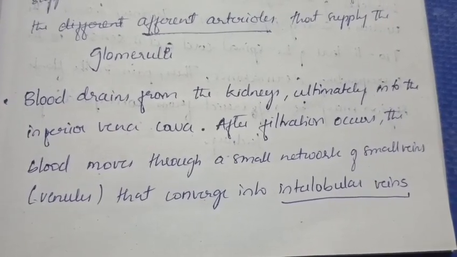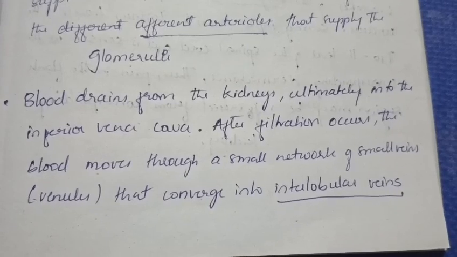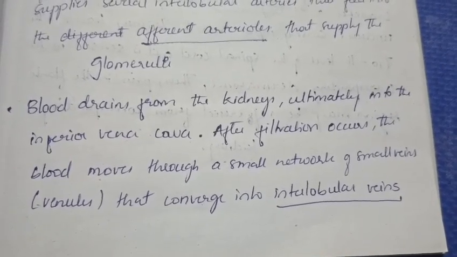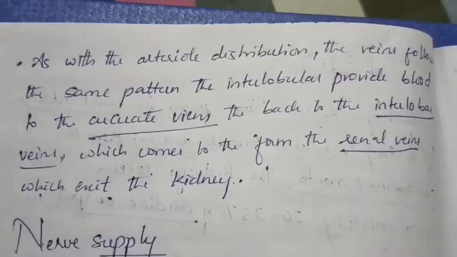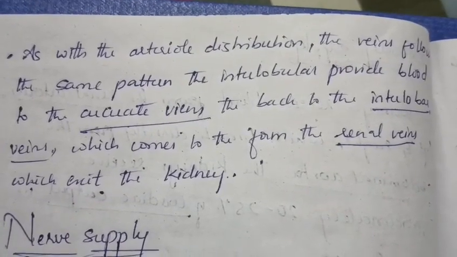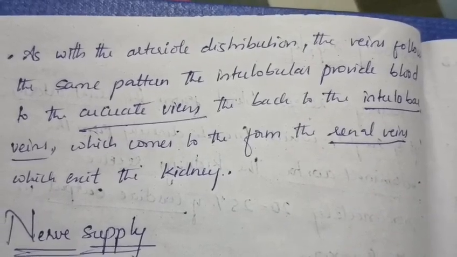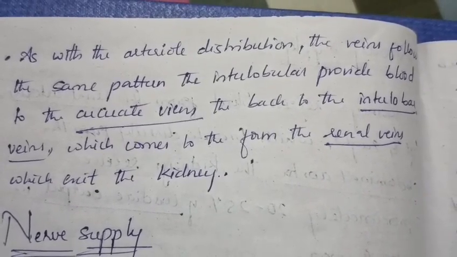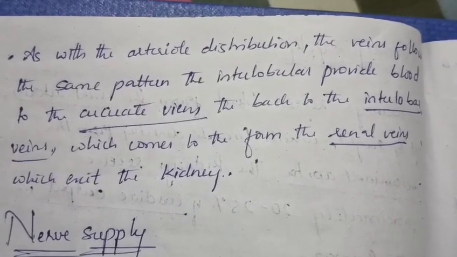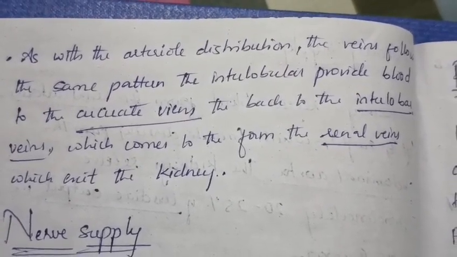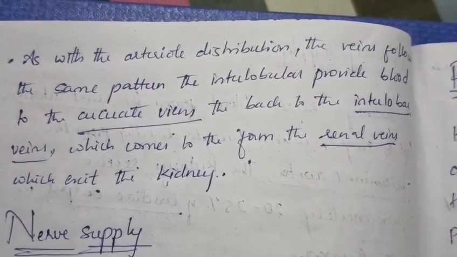After filtration occurs, the blood moves through a small network of small veins that converge into interlobular veins. As with the arteriole distribution, the veins follow the same pattern. The interlobular veins provide blood to the arcuate veins, then back to the interlobar veins, which come together to form the renal veins which exit the kidney.